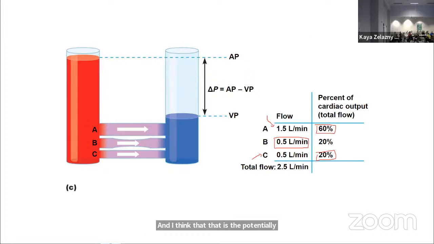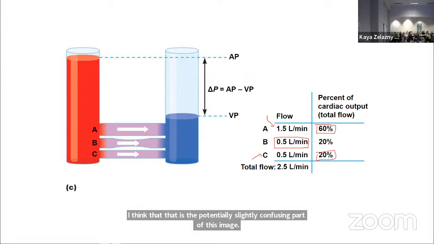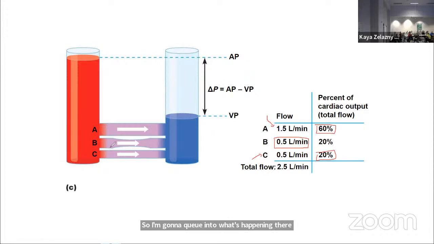So I'm going to key you into what's happening there, which is just that decrease in radius and therefore increase in resistance in B did affect our total resistance in the system, right? In order to get total resistance, analogous to our TPR, total peripheral resistance, we're basically just adding up the resistance of all of our blood vessels.